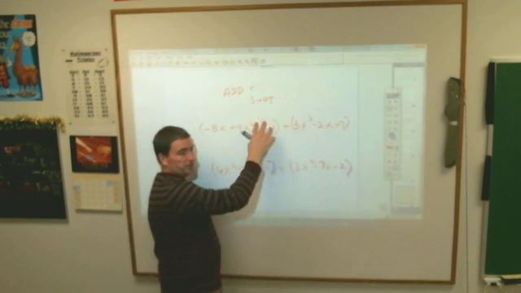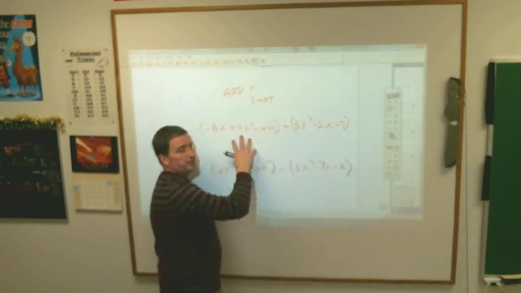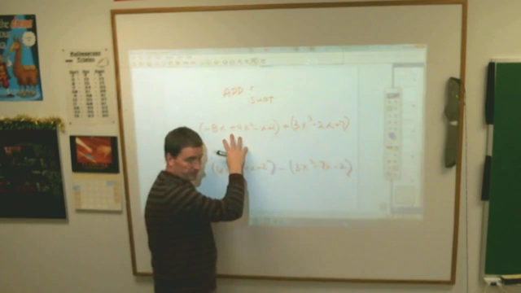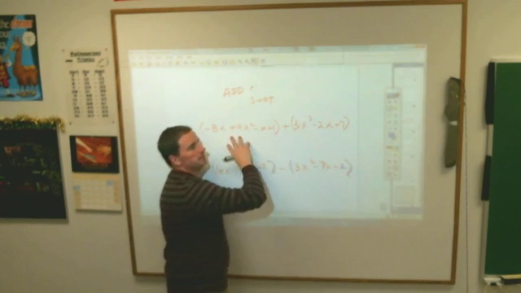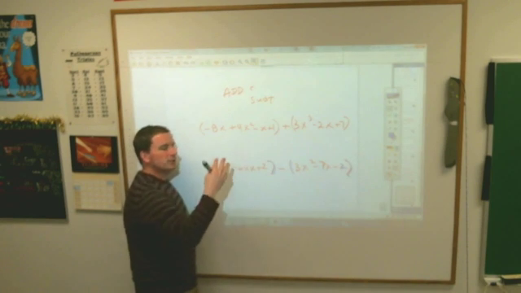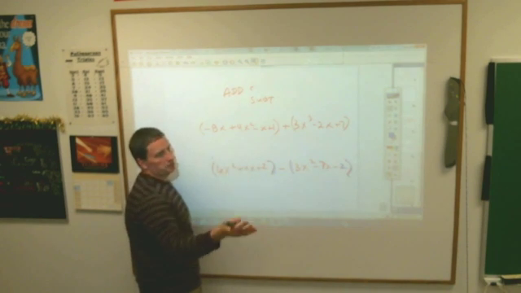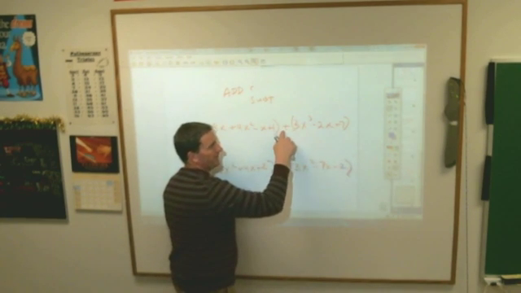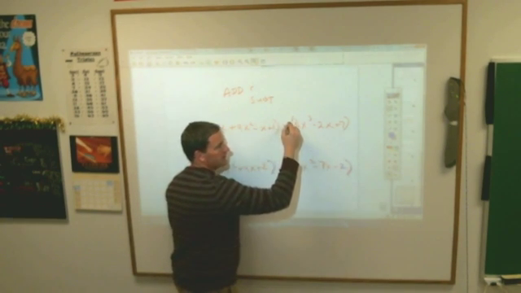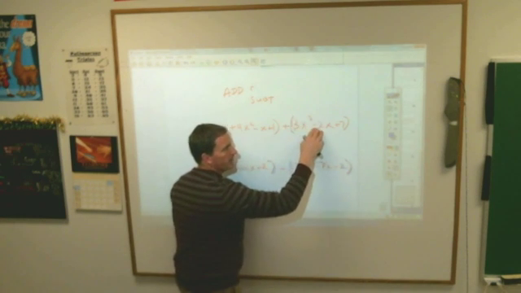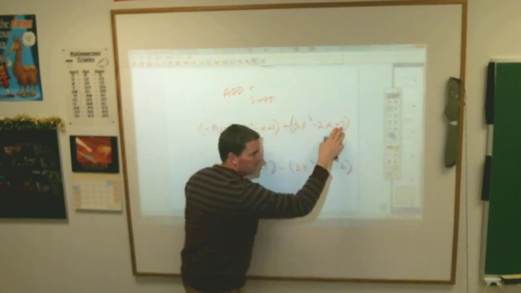In this first one, these parentheses are completely and utterly worthless, because to get rid of parentheses you use the distributive property. What's in front of this parenthesis but a plus sign, or think of it as a plus 1? If you multiply all these by a plus, they just stay the same.